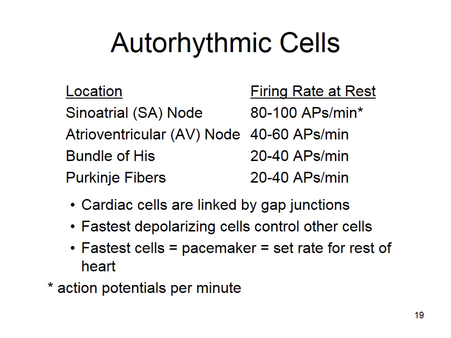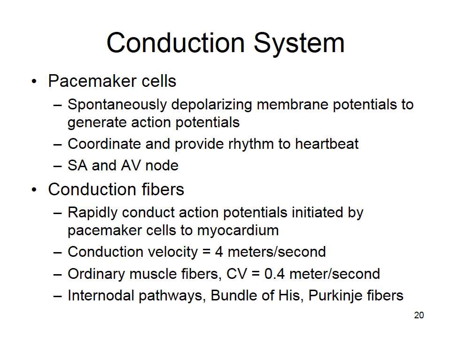But I recommend going back and reviewing neurons. To coordinate contraction of the heart, right? We have those autorhythmic cells that spontaneously fire action potentials. Okay? They are what provide the rhythm to the heartbeat.